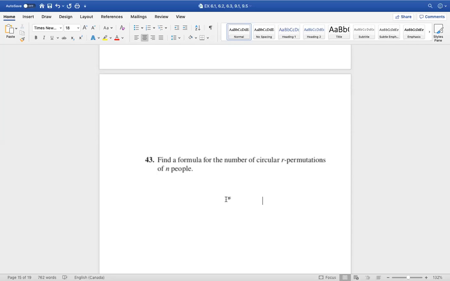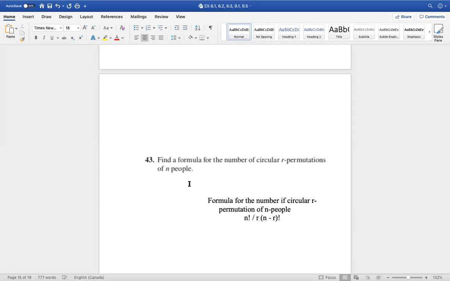So basically the formula for the number of circular r-permutations of n people is n factorial, divided by r times (n minus r) factorial.